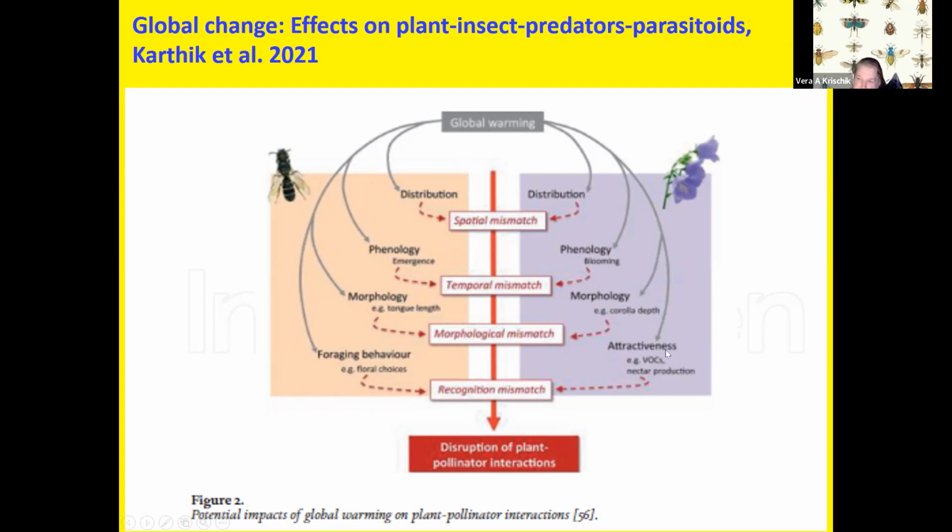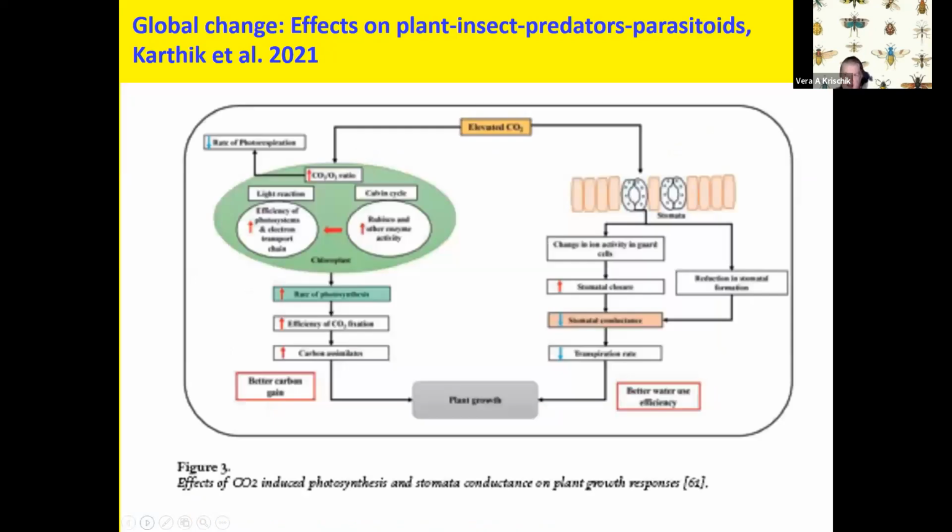These VOCs, these attractiveness change, so insects can't find their host plants. All of these are just some ways: spatial mismatchment, temporal mismatchment, morphological mismatchment, VOCs, recognition mismatchment. All of these are ways that this plant, insect, predator, parasitoid interactions will be changed.